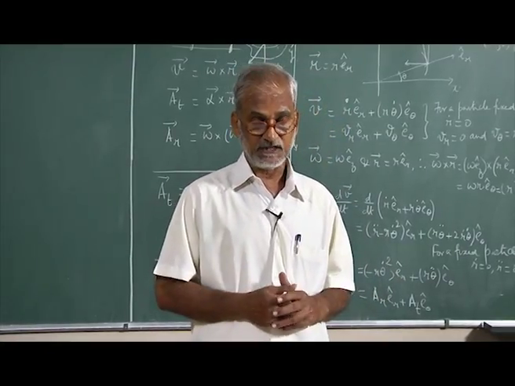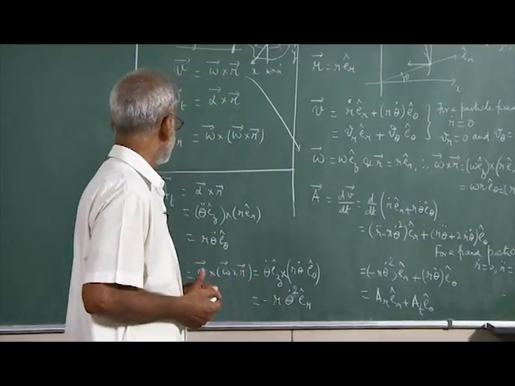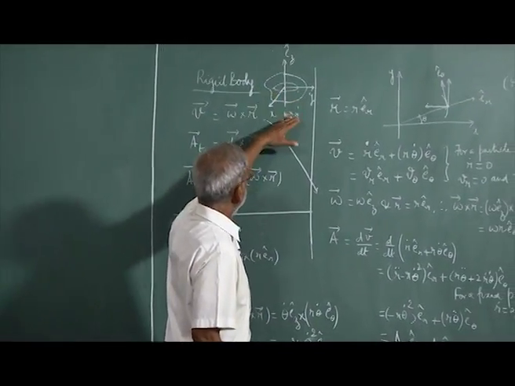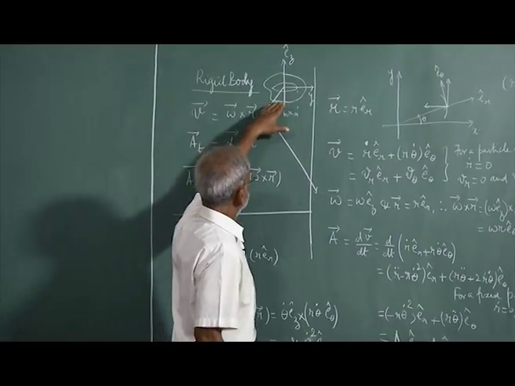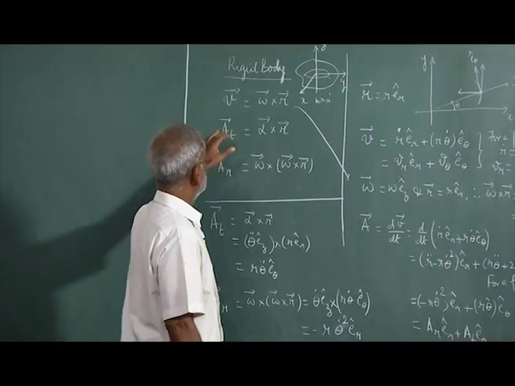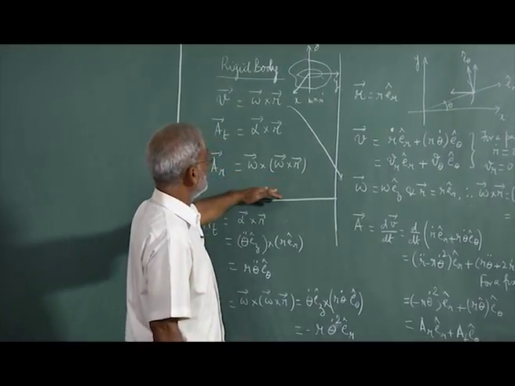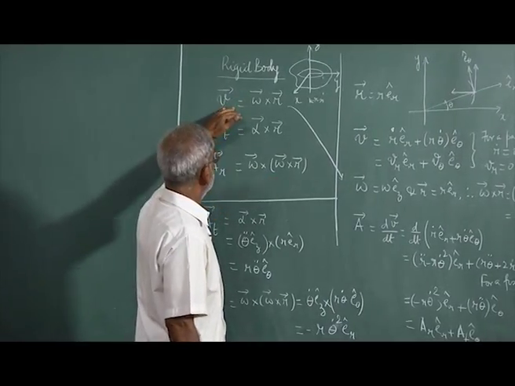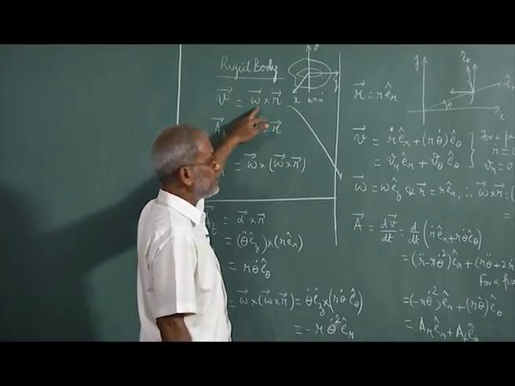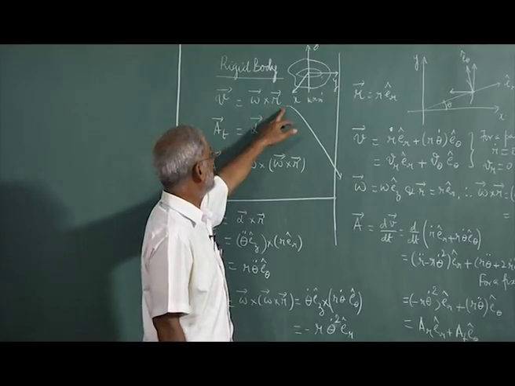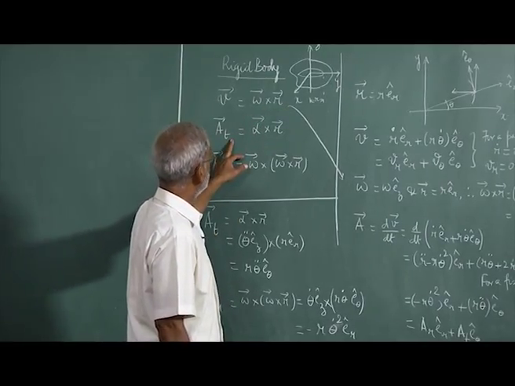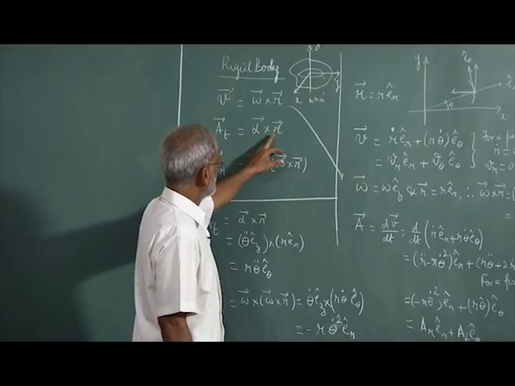Before we proceed to today's topic, let me spend a few minutes on an important problem which we discussed yesterday. Let me restate it. We have here a rigid body, with the x axis here, y axis here and z axis here, and these are the standard equations which we derived yesterday. The linear velocity is written as a cross product between angular velocity and the position vector, and transverse acceleration is alpha vector crossed with r.